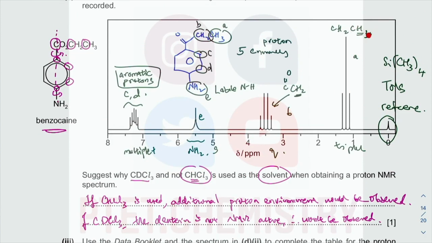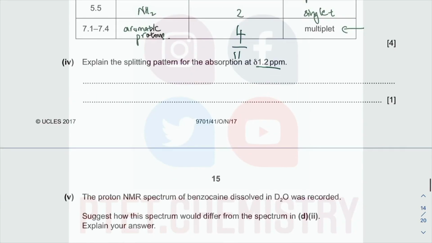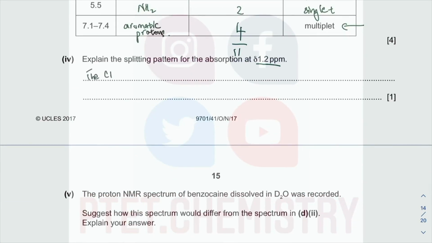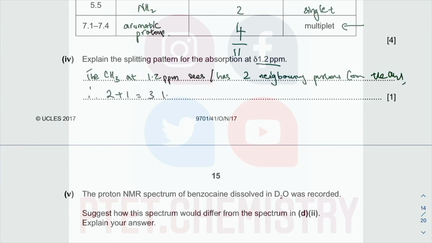So you say the CH3 at 1.2 ppm sees or has 2 neighboring protons on the CH2. Therefore, 2 plus 1 equals 3 lines. That will give you 1:2:1 splitting of a triplet. That's why you see a triplet there.